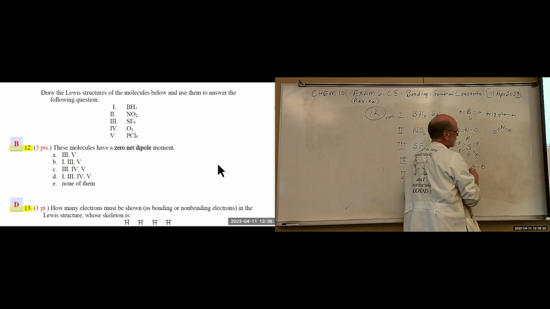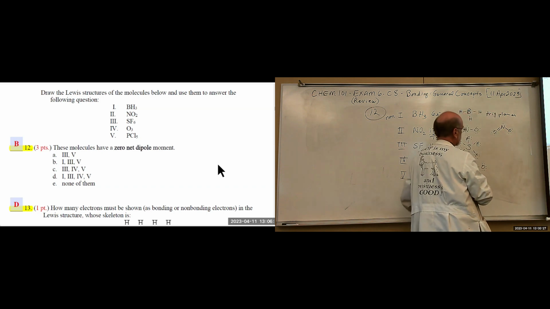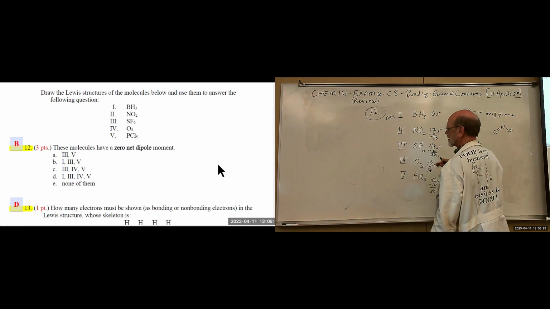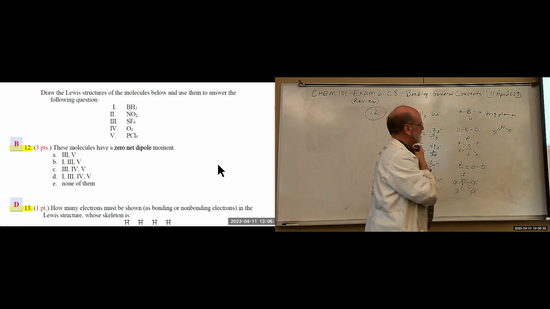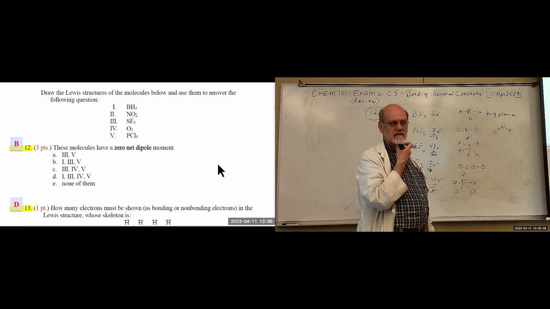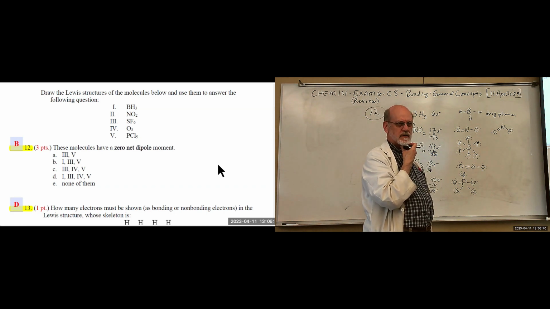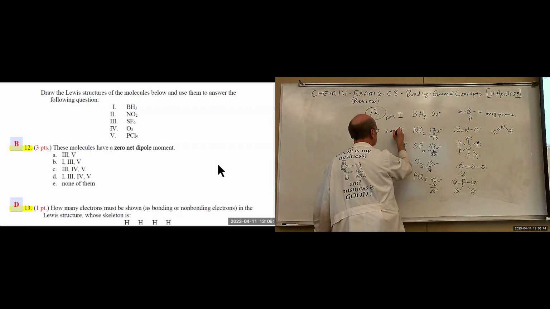Okay. And if we cover that up, it's bent. So this one should have a dipole moment. Nitrogen and oxygen, they're really close to each other. Those are not polar bonds though, are they? Nitrogen and oxygen, they're so close. I think this one's nonpolar also.